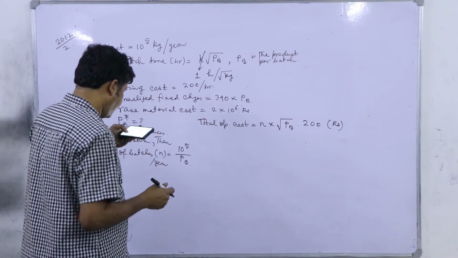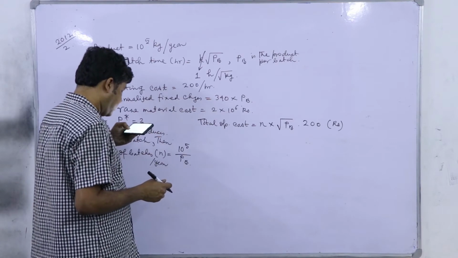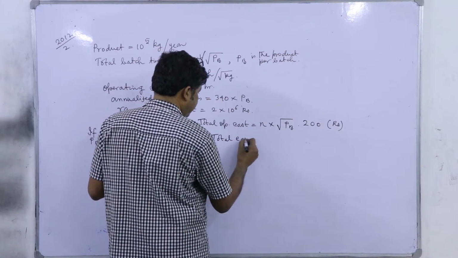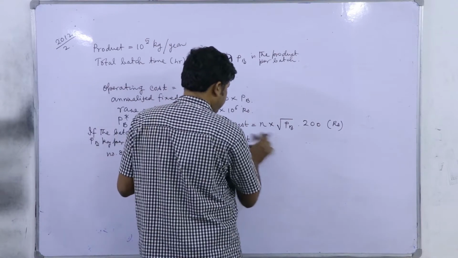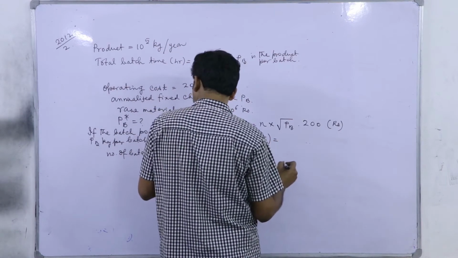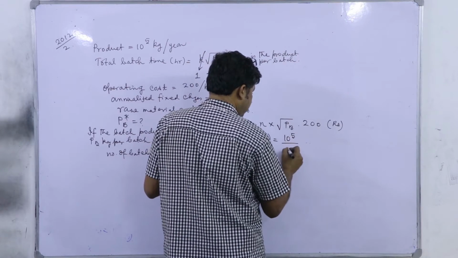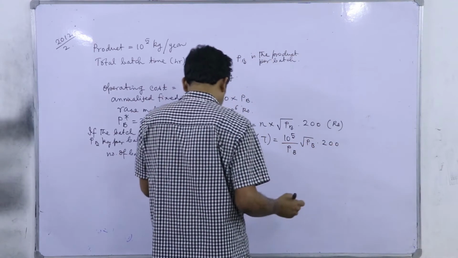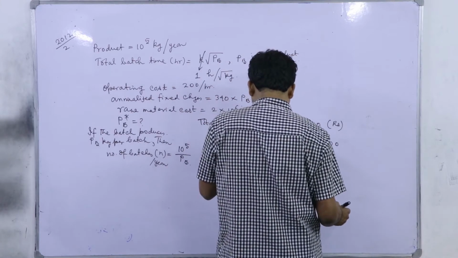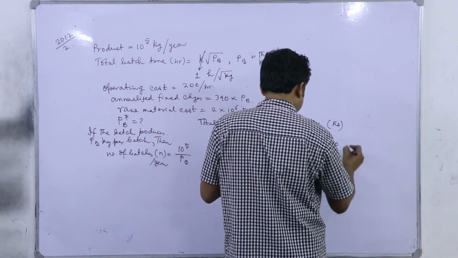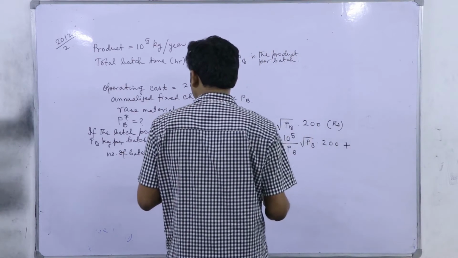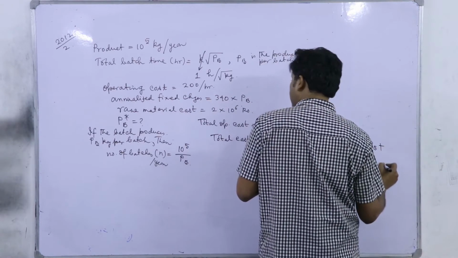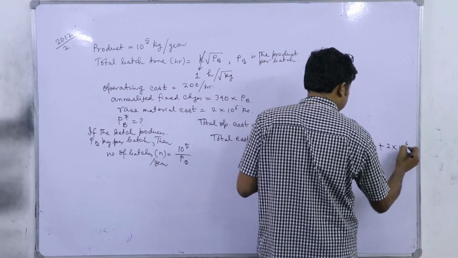So, the total cost T is equal to 10 to the power 5 divided by PB into under root of PB into 200, plus the annualized fixed charges 340 into PB, plus the raw material cost 2 into 10 to the power 6.